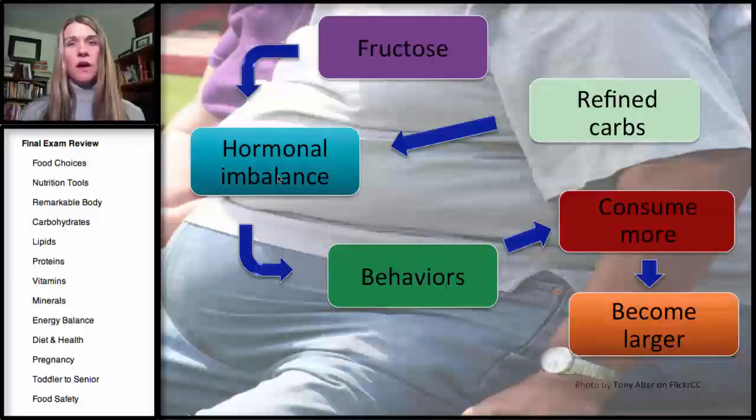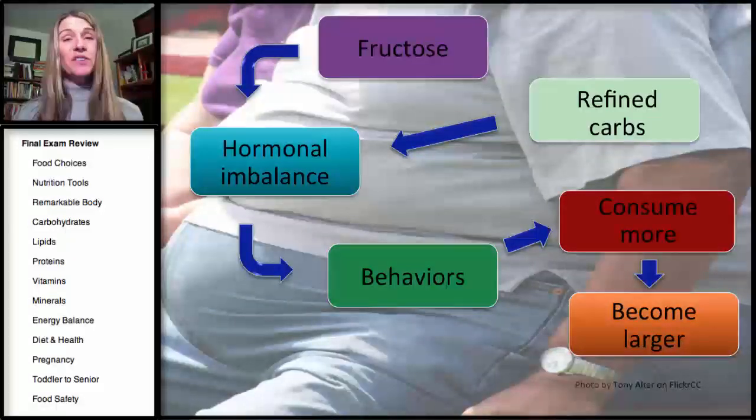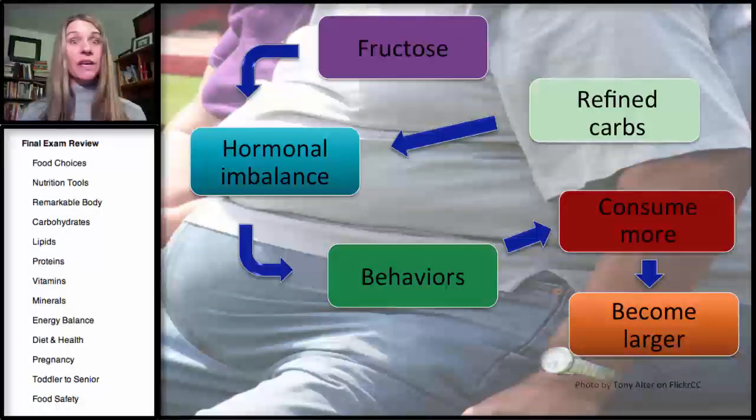It affects the way we decide how we're going to utilize or store that energy. And then it also changes the behaviors that we have as far as our drive for eating. So when we eat those foods, it changes our hormones, it changes the behaviors, and then it causes us to eat more and then become larger. So this ends up being this vicious cycle.